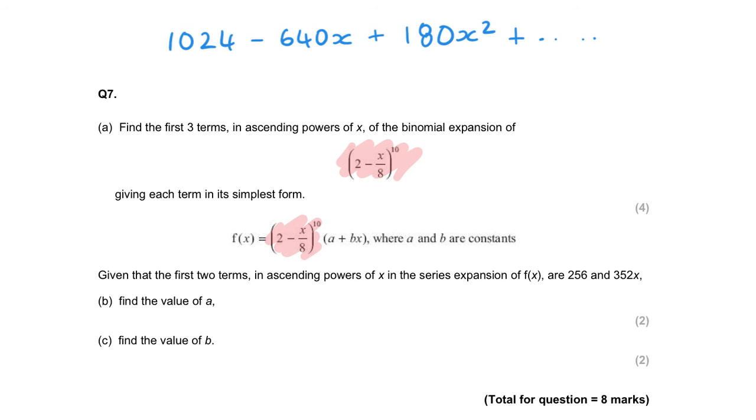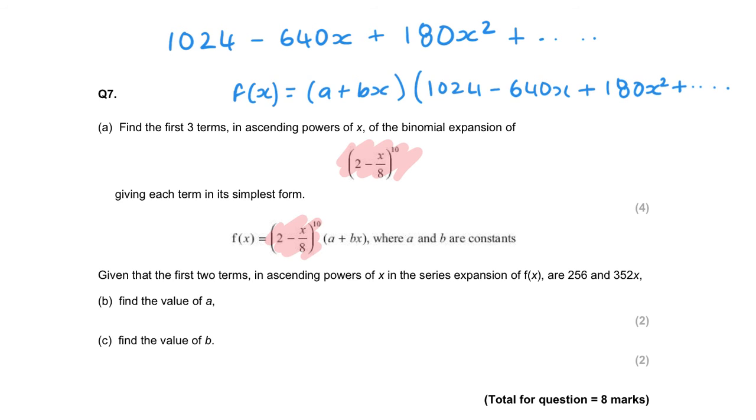So technically, we could say that f of x is equal to a plus bx, all multiplied by 1024 minus 640x plus 180x squared plus ... We've just rewritten this obviously in expanded form.